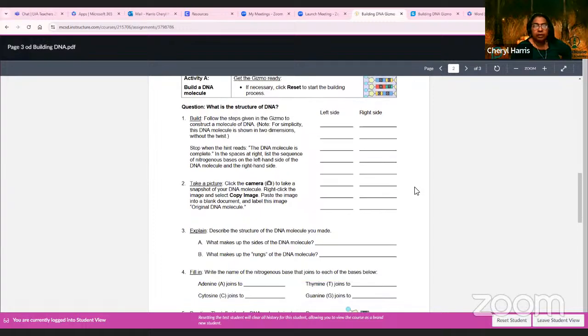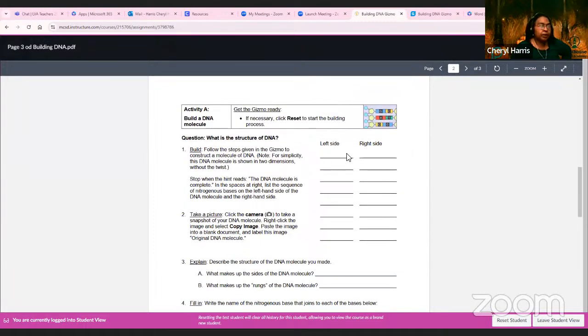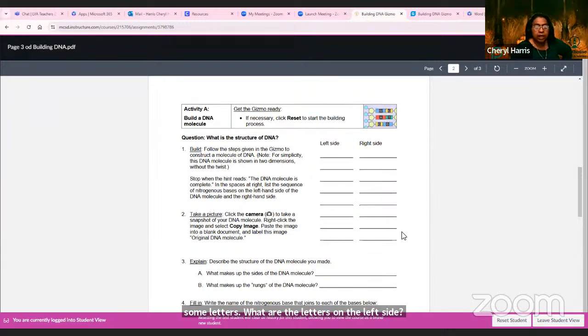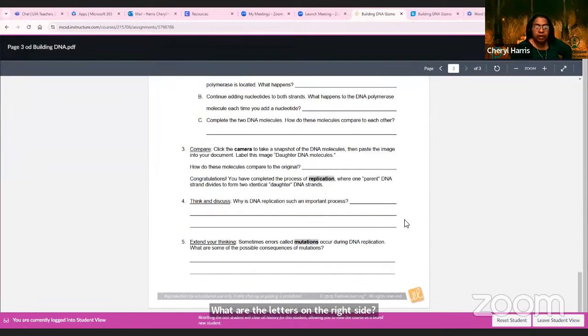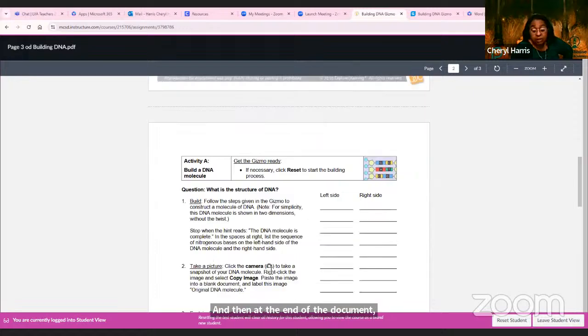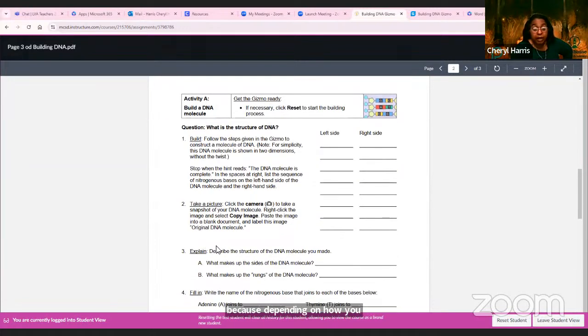All right. So right here, where it says left side, right side, you need to fill in some letters. What are the letters on the left side? What are the letters on the right side? And then at the end of the document, depending on how yours will work, you might actually be able to squeeze the picture in.